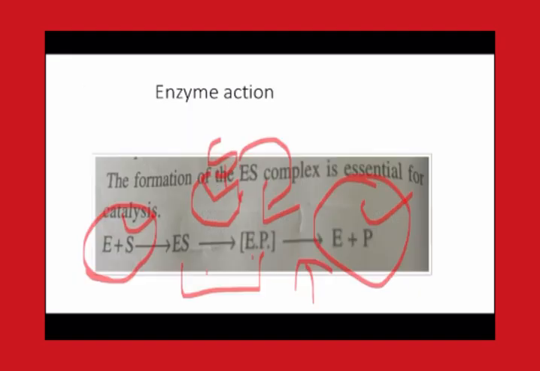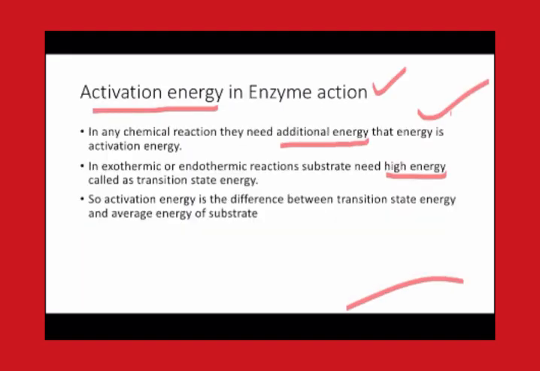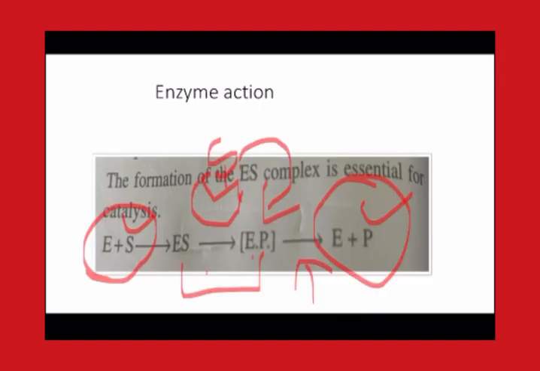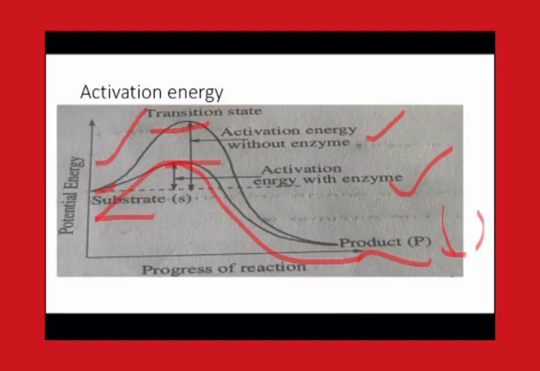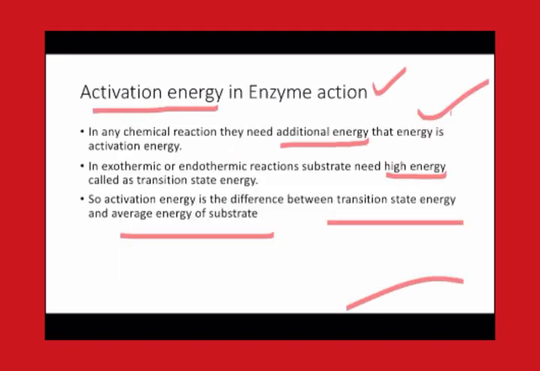So the difference between the transition state energy, that is the higher energy, and the average energy of the substrate, this difference we are calling the activation energy. So here, the substrate has the average energy level and the transition state will have the higher energy; the difference between these two we are calling activation energy.